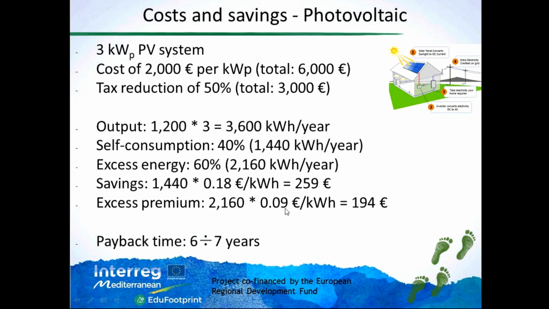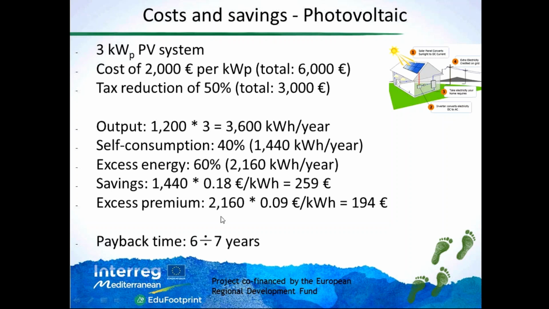That is the reason why I was telling you that it's very important to increase as much as possible the self-consumption. And this can be done, of course, through behavioral change. If I think about the schools, maybe it's possible to increase the self-consumption of PV electricity, but it can also be done with some home automation systems, which move some loads from the evening to the day, for instance.